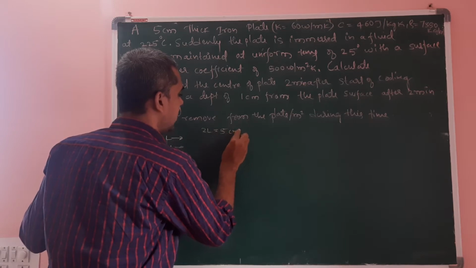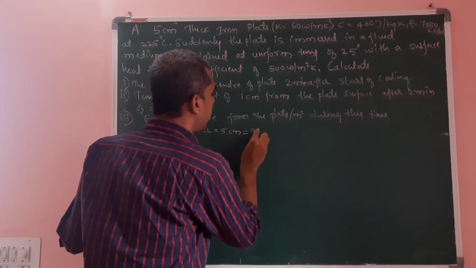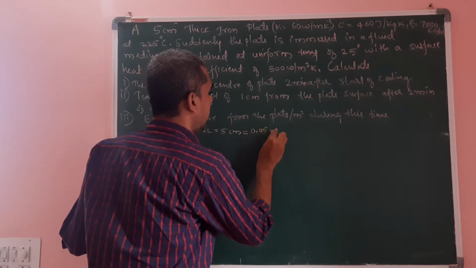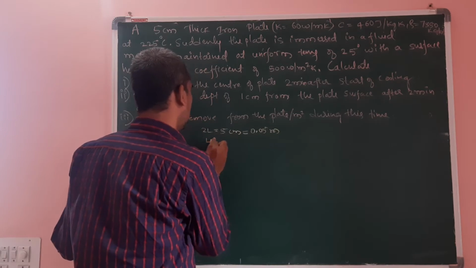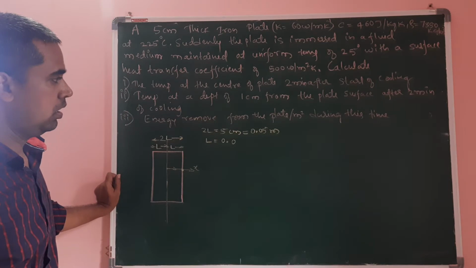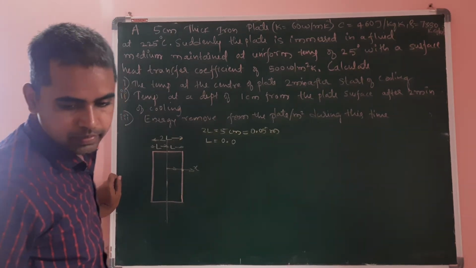This is the given data, first one. If I take it in meter, it will be 0.05 meter, or L is equal to 0.025 meter. That is L.